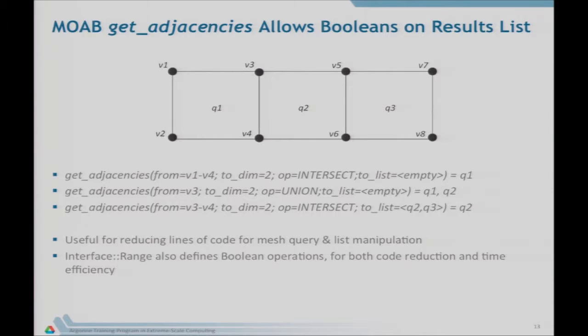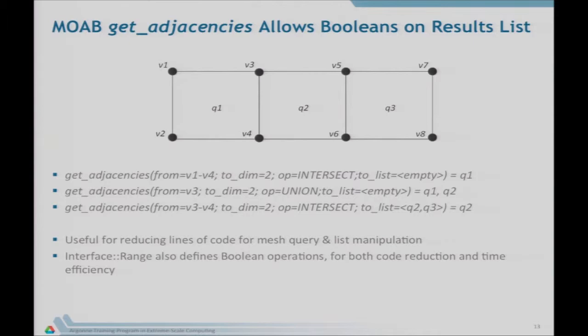In this example, if you say, give me the adjacencies from vertex 3, give me the faces, and give me the union, that'll give you quad 1 and 2. From vertices 3 to 4, give me faces, give me the intersection, and your list comes in with quad 2 and quad 3, and you're asking for vertices 3 and 4 adjacencies, it'll just pass you back quad 2.